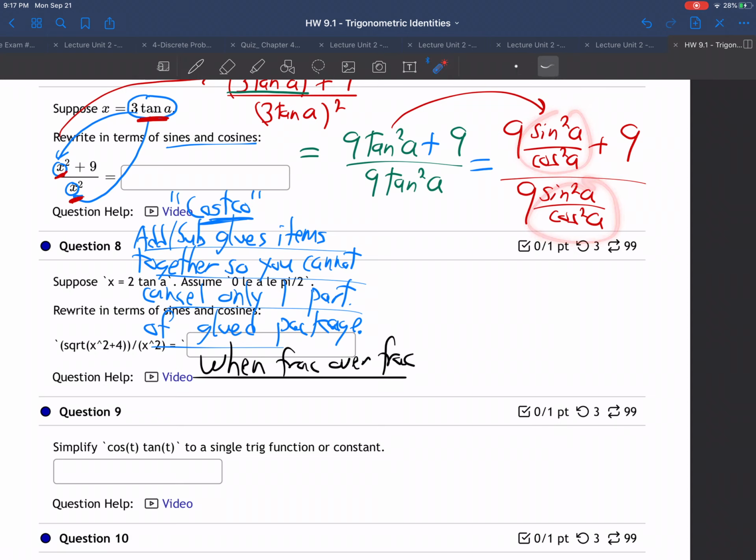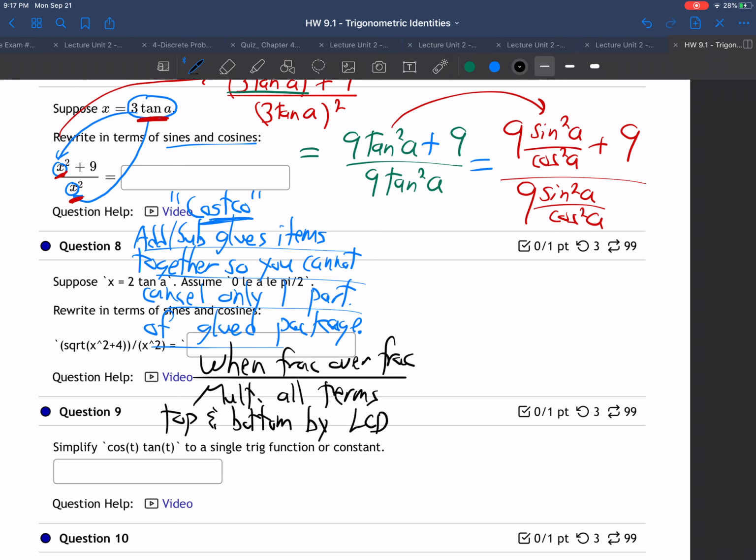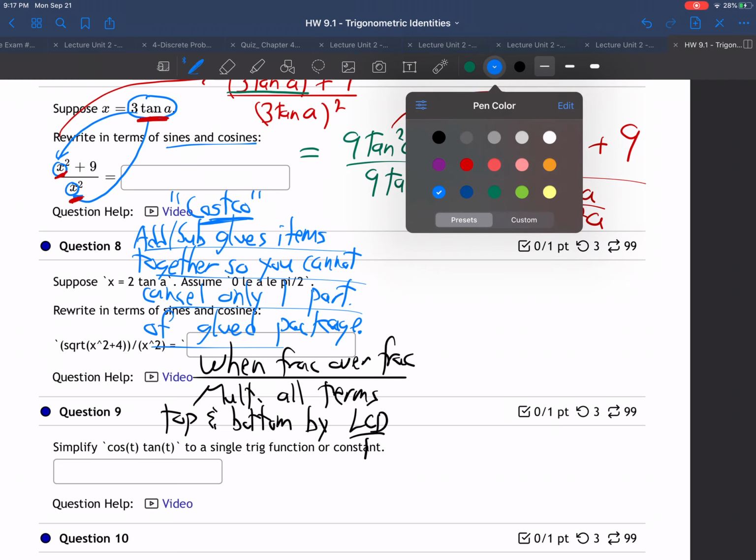When you have fractions over fractions, you have to multiply all the terms, top and bottom, by the LCD over 1. And what in the world is the LCD?